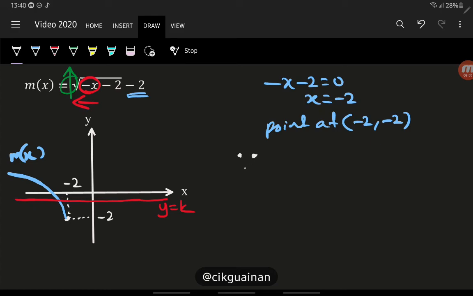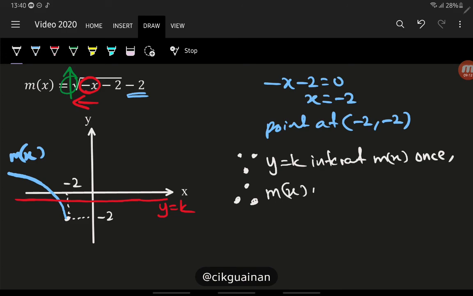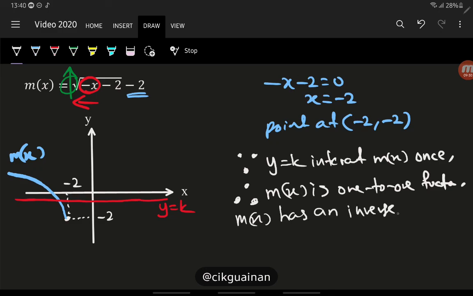So since y equals k intersects m(x) once, therefore m(x) is a one-to-one function. m(x) has an inverse. So I think that's all.